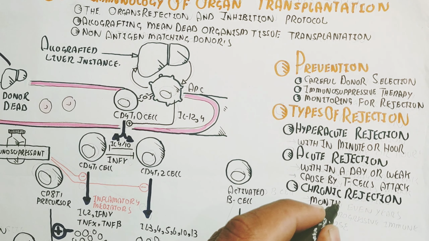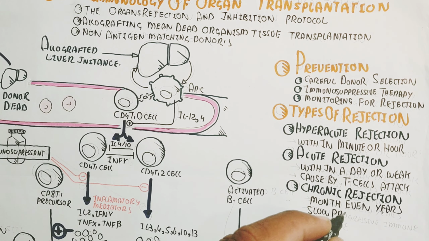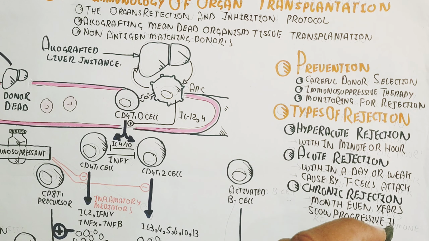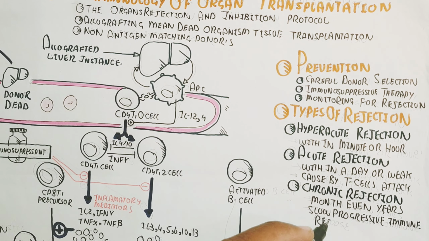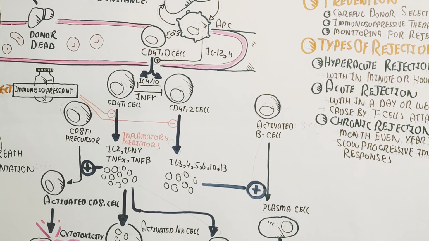Chronic rejection takes months, even years, and is a slow, progressive immune response. Remember, acute rejection is due to T cell activation, so immunosuppressants can inhibit the reaction.